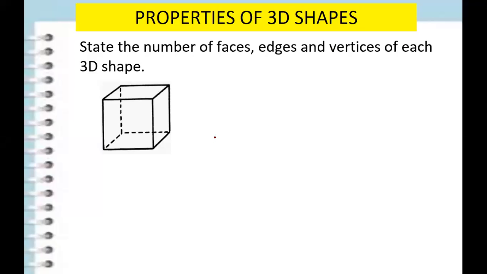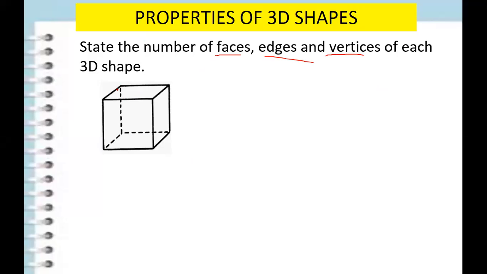Now the next one is to state the number of faces, edges, and vertices of a 3D shape. What do we call this? It's a cube. How are we going to count the faces, the edges, and the vertices? First, we will start with the faces. I told you, whenever we have an opposite side, it will be the same.